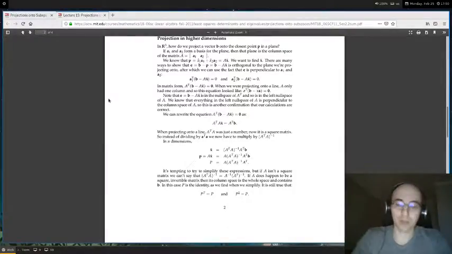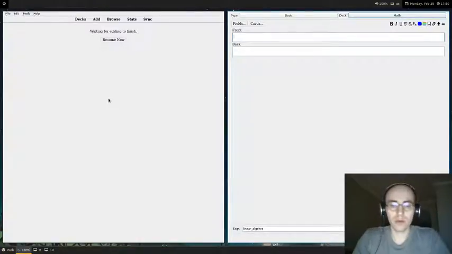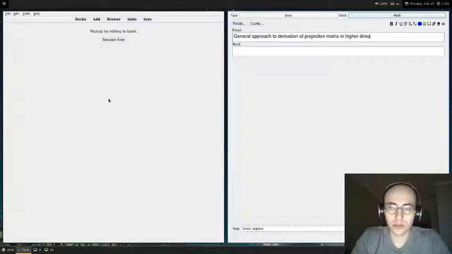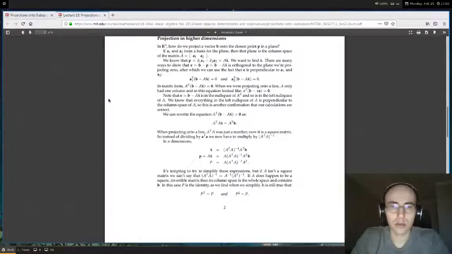Okay, I'm going to have this just to have the general approach. I will write it exactly. General approach to derivation of projection matrix in higher dimensions. I will use all this.